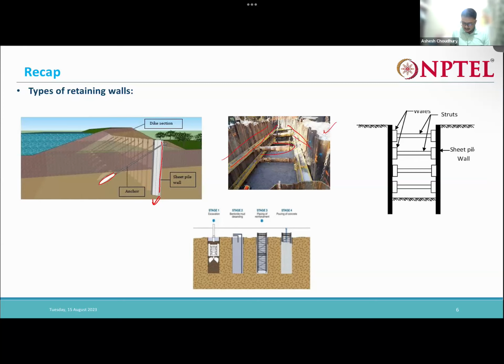These are actually known as diaphragm walls. We construct pile-like structures at close intervals, due to which a kind of retaining structure is formed. Those are known as diaphragm walls.